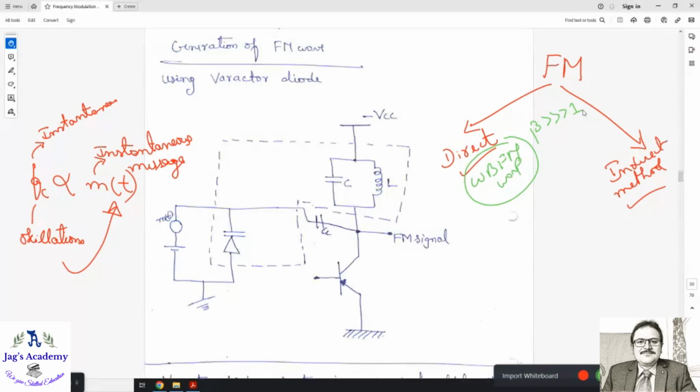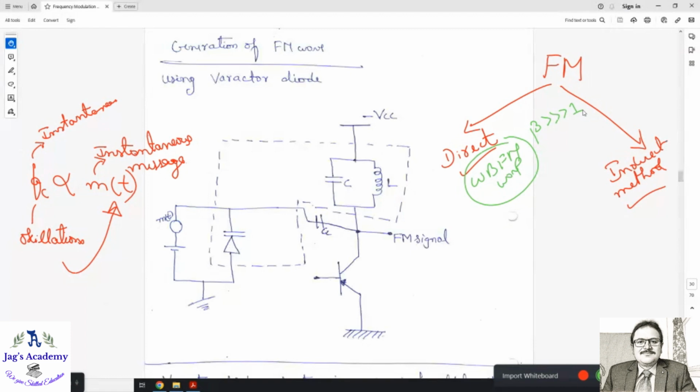Now, in the direct method, we'll have a system which will directly convert your message signal variation to frequency variation. The direct generation of a frequency modulated wave.